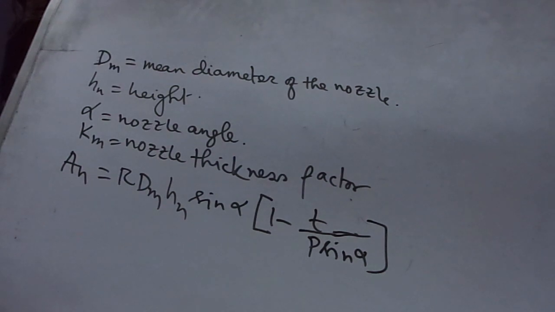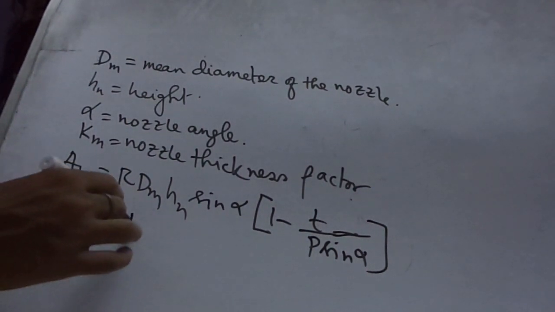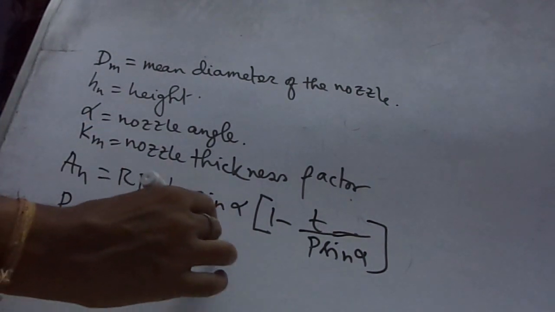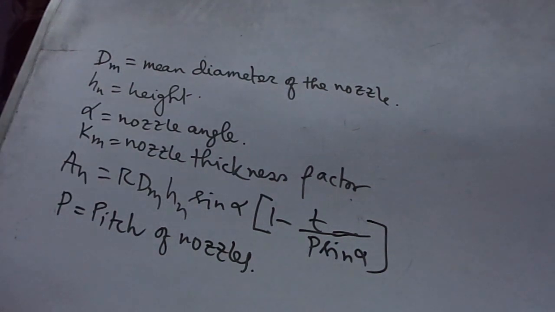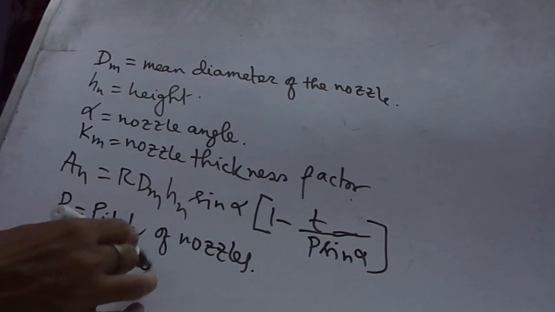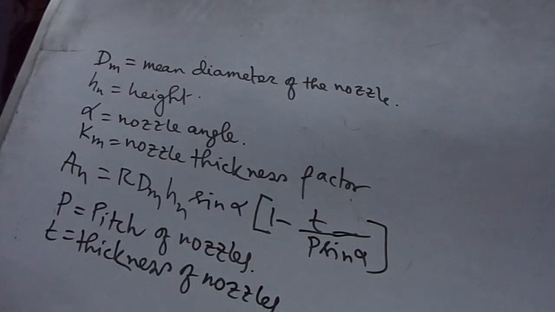Where p is the pitch of nozzles on the mean diameter, and t is equal to thickness of the nozzles.